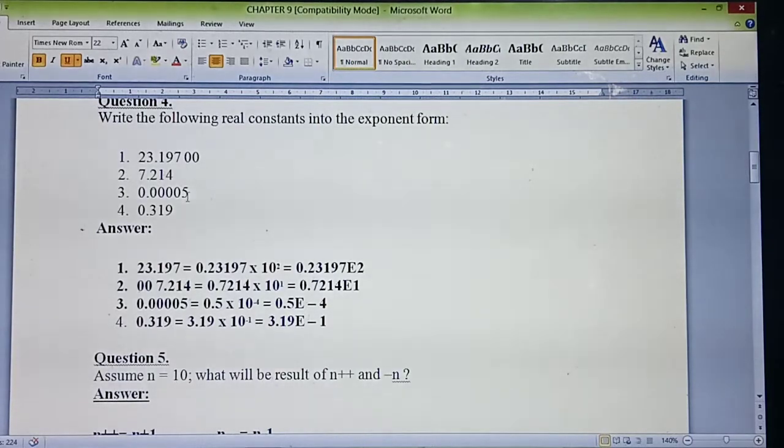Then I asked you to convert them into exponent form. First you should write it with 0.0, starting with 0 point, into 10 raised to. Before the point, how many numbers are there? 2. So 10 to the power 2. 10 to the power 2 means you can write E2.